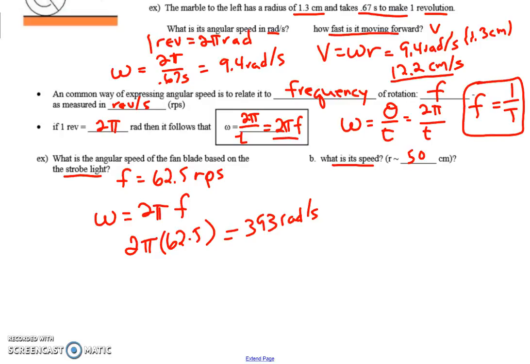Again, v is omega r. So 393 times 50 centimeters gives us about, that's pretty staggering, 19,600 centimeters per second. So it's moving almost 200 meters per second around and around. That's it for angular velocity.